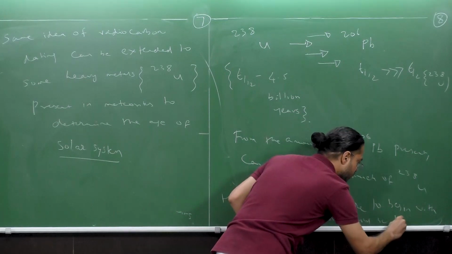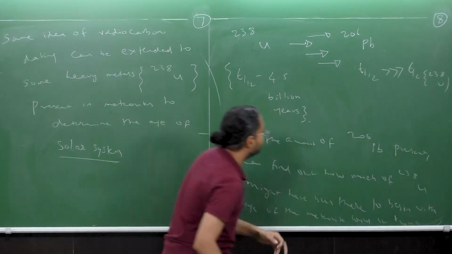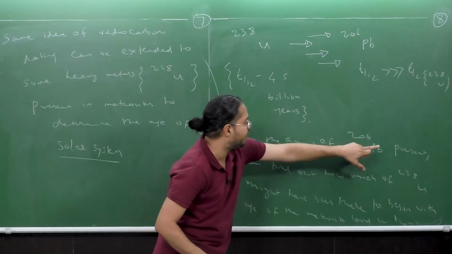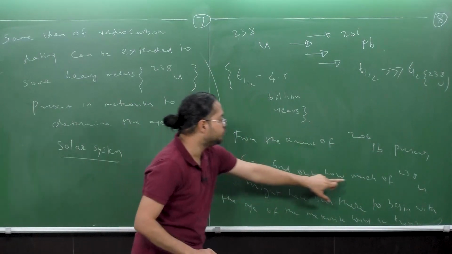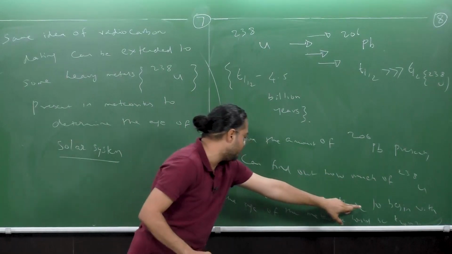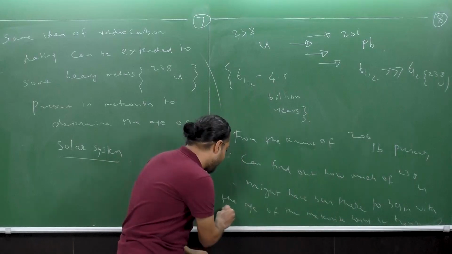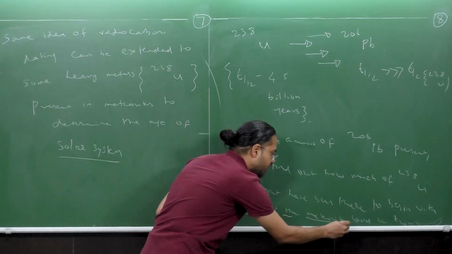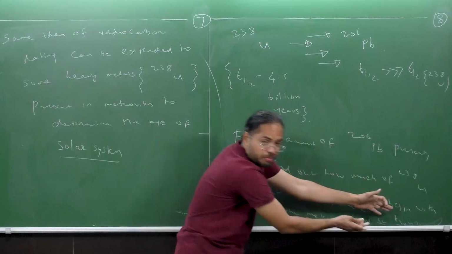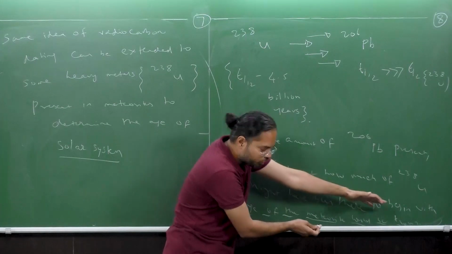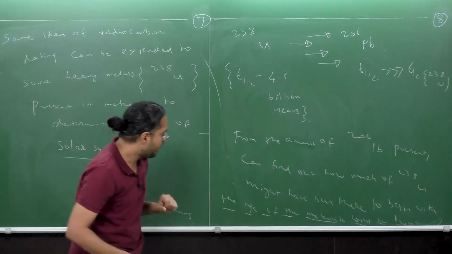So what I've written here is, from the amount of 206 lead present, we can find out how much of 238 uranium might have been there to begin with, and from this, the age of the meteorite could be known. It's written in the bottom part with bad handwriting, so I'm just telling precisely what I've written.